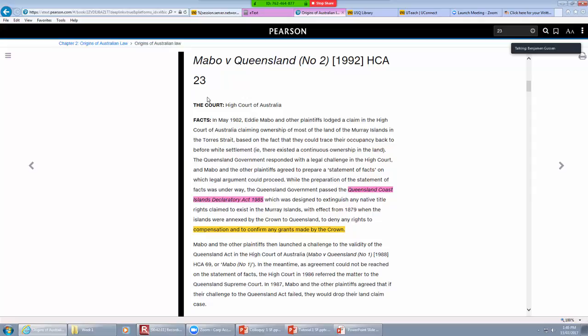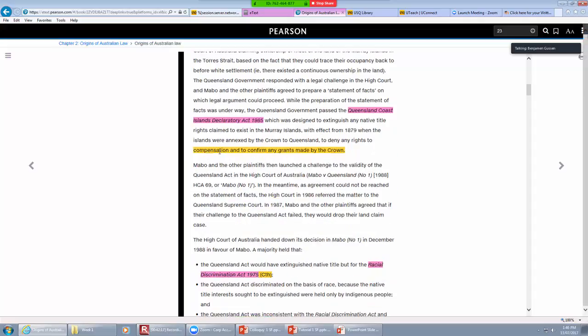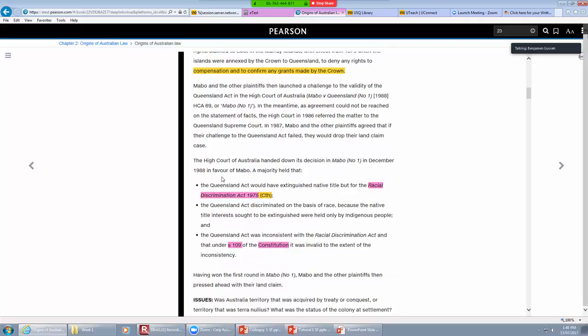In what way? So they came with a third piece of legislation. So first of all, we have this declaratory act. And then Mabo number 1 brought this act of racial discrimination. This is a Racial Discrimination Act passed by the Commonwealth.